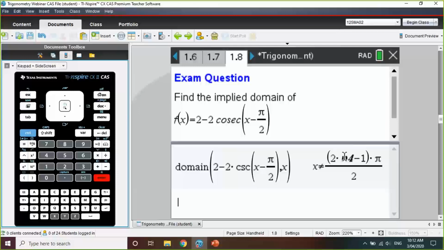Doesn't matter what it is. With this bold N here, that's just meaning a natural number. So you can sub in 2, 3, 4, -1, -3 to generate your specific asymptotes. But this is just the equation for the general asymptote. And so X can be any number except for these numbers here.